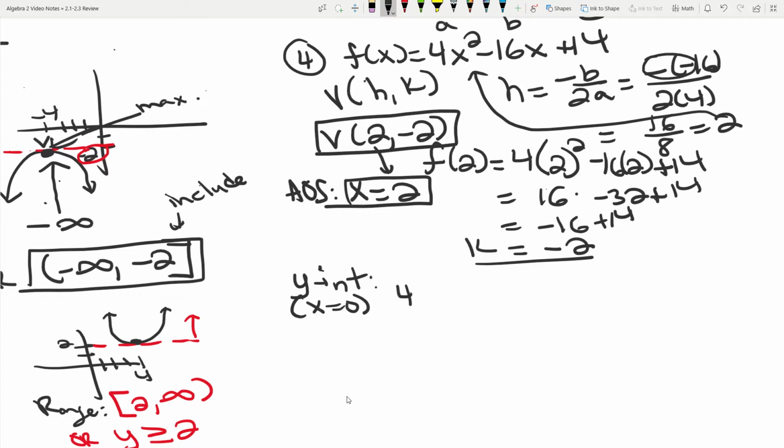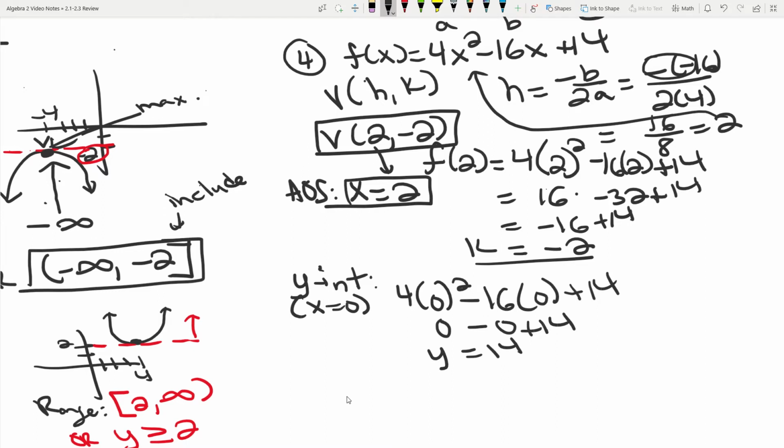So we got 4 times 0 squared minus 16 times 0 plus 14. So this is 0, this is 0, so we're just left with 14. So y equals 14. Done.